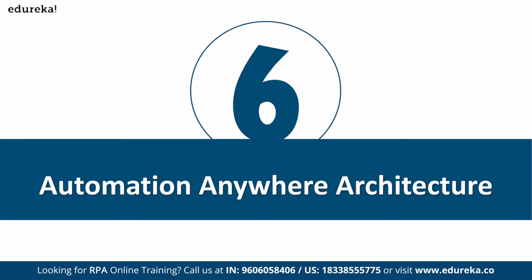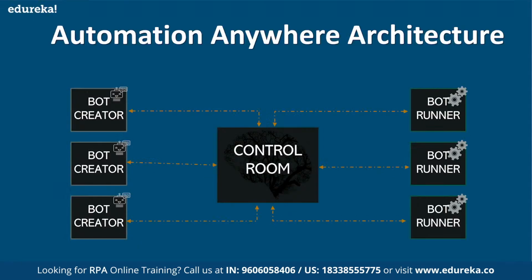Now, what is Automation Anywhere architecture? So largely, this is how the Automation Anywhere architecture looks like. At the center, there is something called a control room. Yeah, so control room is responsible for managing the overall RPA landscape or overall RPA infrastructure that you have related to Automation Anywhere, right? So there are two types of more components.